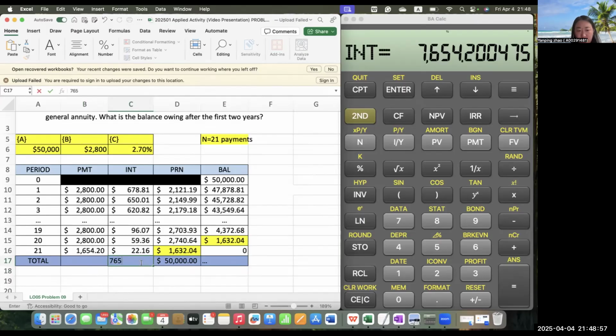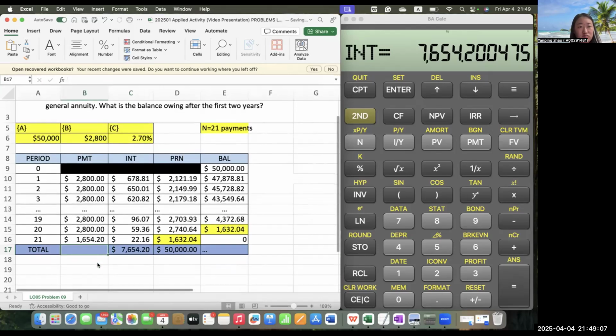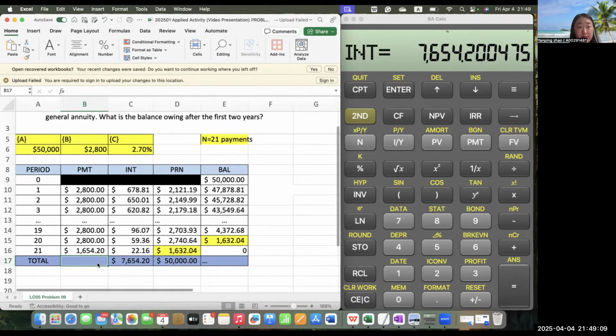It's 24.20. Sometimes depending on how you calculate, you may have a deviation of 1 cent.